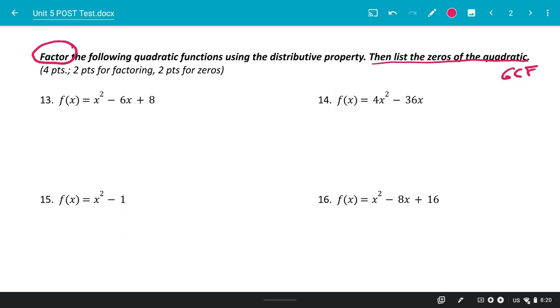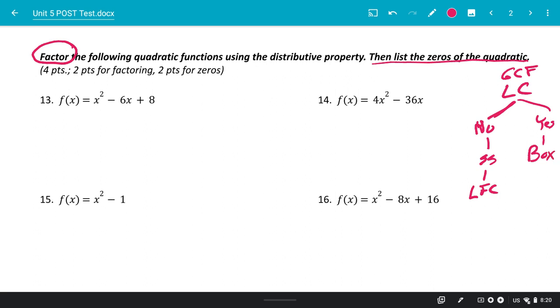Is there a leading coefficient? And it was yes or no. It was no. We split the signs. Then we listed the factors of the constant. If it was yes, we did the box method.